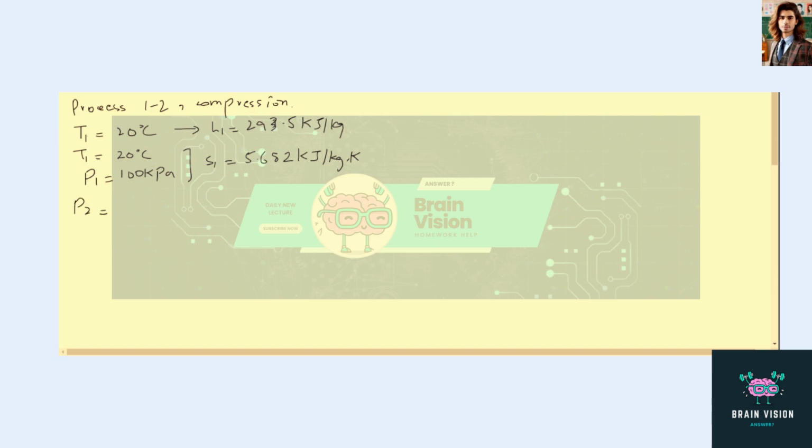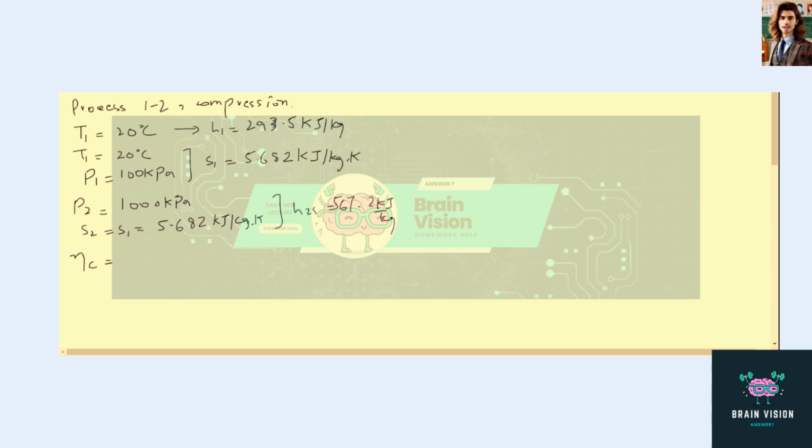Pressure P2 is equal to 1000 kilopascal. So S2 is equal to S1, that is 5.682 kilojoule per kg K. At these two values, the value of H2s is 567.2 kilojoule per kg.